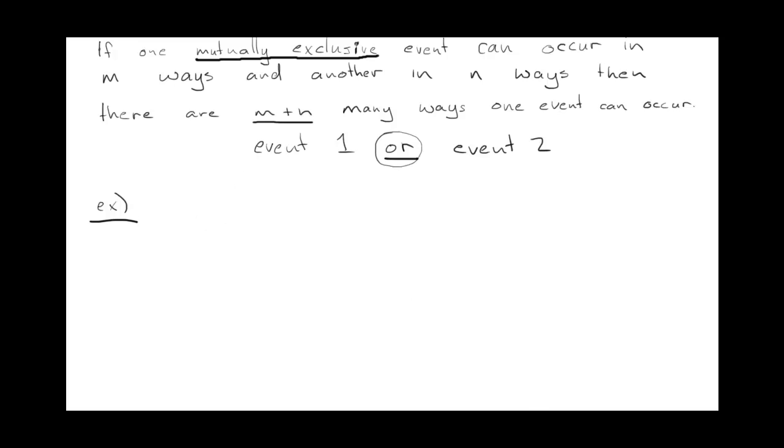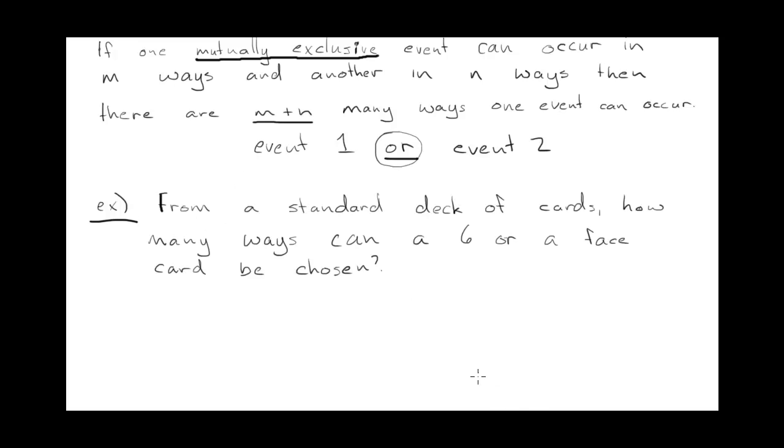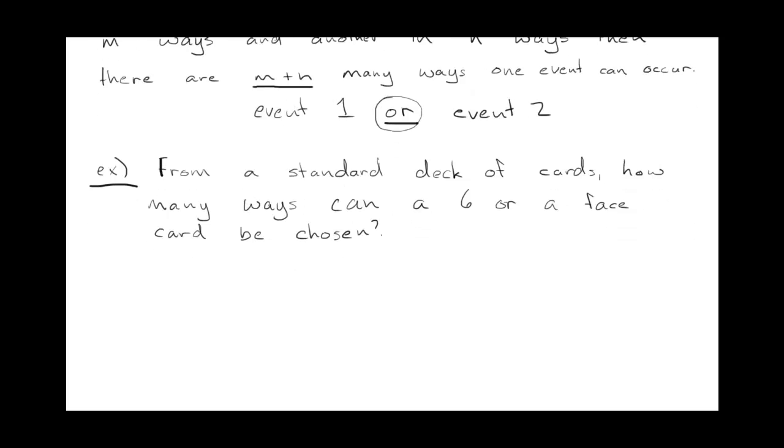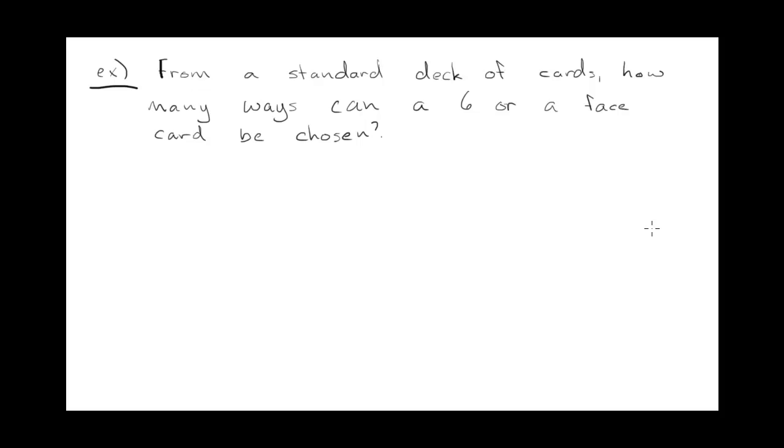So here's our example from a standard deck of cards. So hopefully you know there's 52 cards in a deck. How many ways can a 6 or a face card be chosen? So here's our two events. Event 1 is you're choosing a 6.